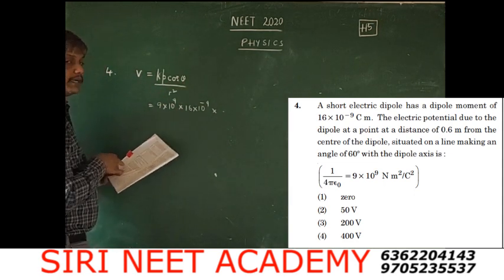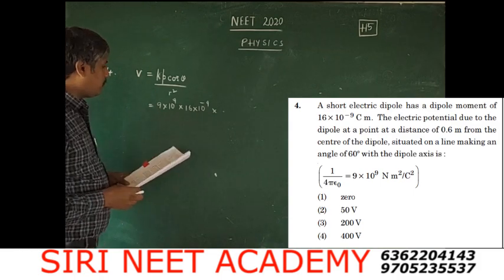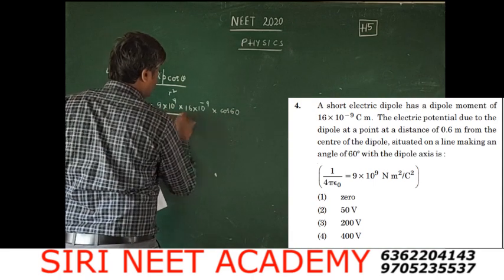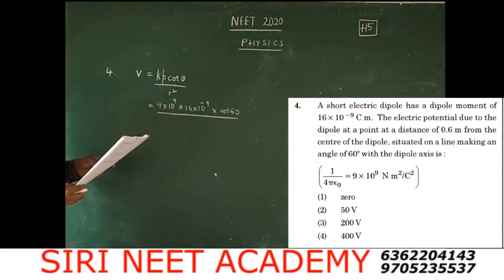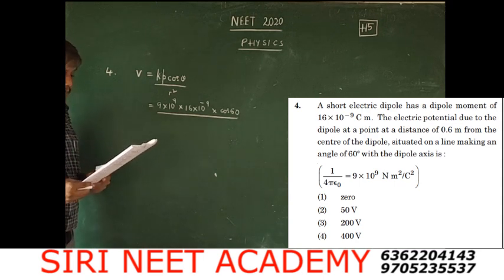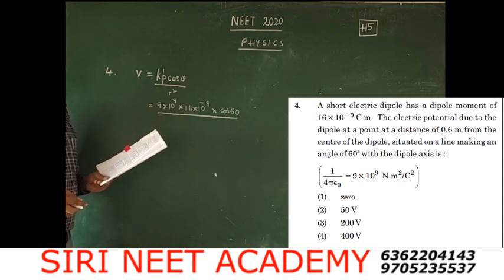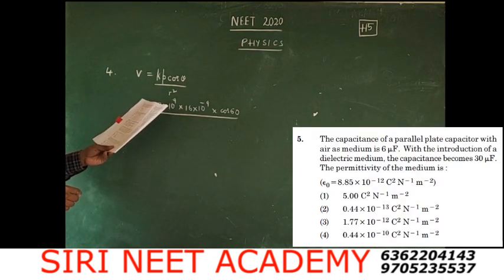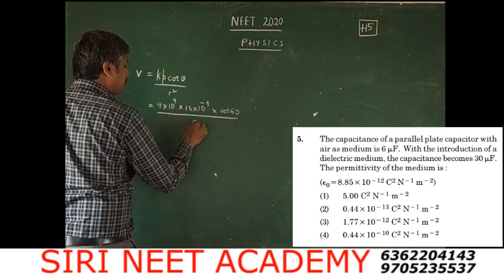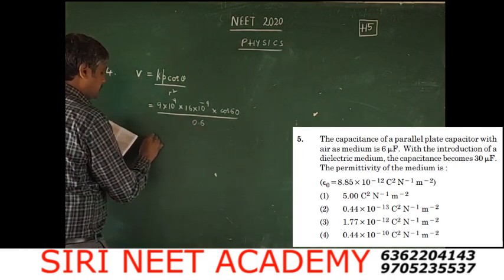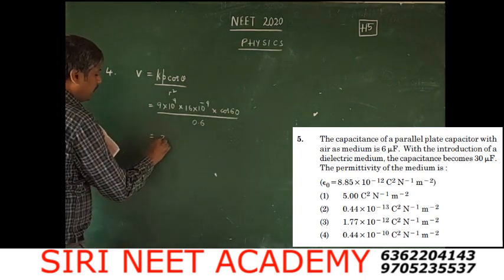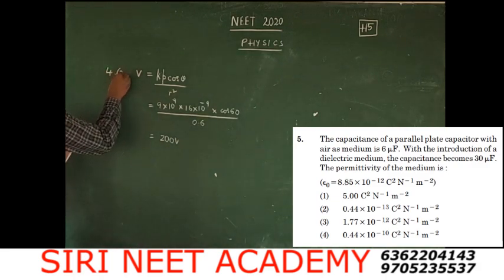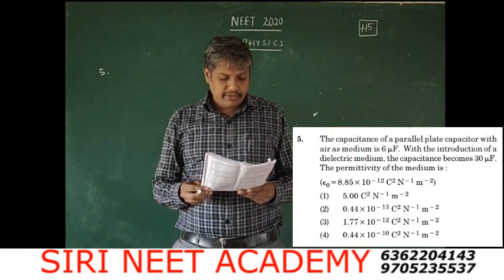Theta is the angle between the p vector and r vector, that is 60 degrees, so cos 60, and r square, where r is the distance between the center of the dipole and the point where the potential due to the dipole is required, that is 0.6 meter. So solving this, we are going to get 200 volt. So the option corresponding to this will be... let us discuss question number 5.